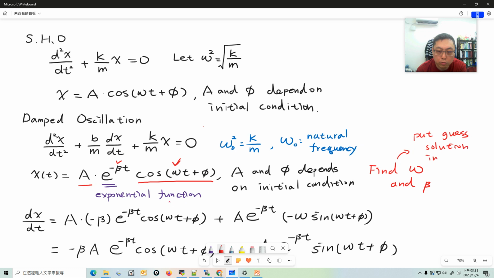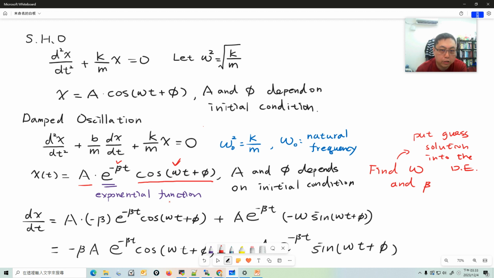It's too long, so I call it DE. Put the guess solution back into the differential equation, and then we can find the angular frequency for damped oscillation and find out what beta is.